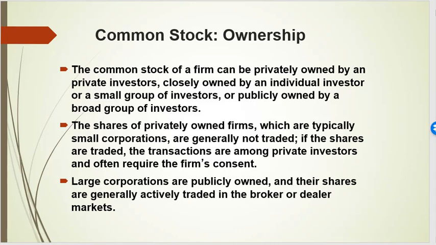They are shares just like public companies, except they are not traded. So since they are not traded, we don't have a market price for those shares. So we may have to analyze these kinds of companies a little bit deeper if we are considering purchasing into a private corporation. And again, since large corporations are publicly owned, their shares are actively traded, and we can get lots of information about those companies.